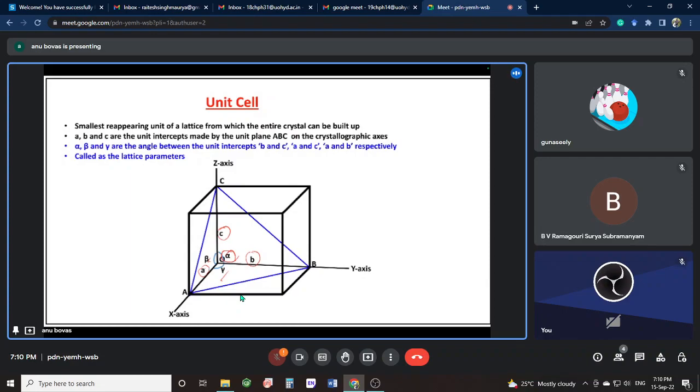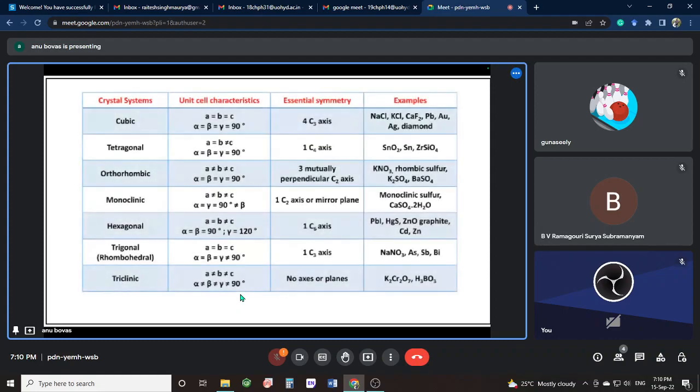Okay, so now what are crystal systems? There are 7 different crystal systems: cubic, tetragonal, orthorhombic, monoclinic, hexagonal, trigonal, triclinic. And as we saw earlier, a, b, c and alpha, beta and gamma are the lattice parameters, and based on their relation, we can define what a crystal system is.